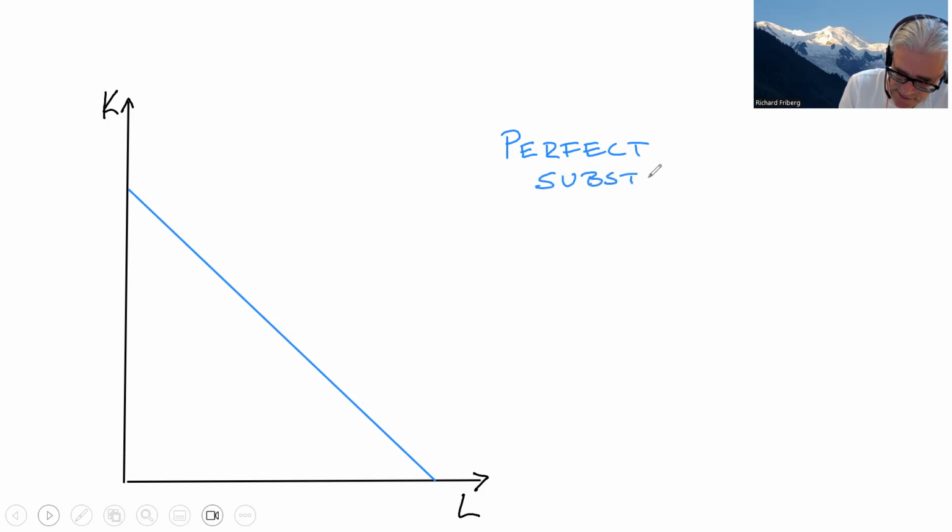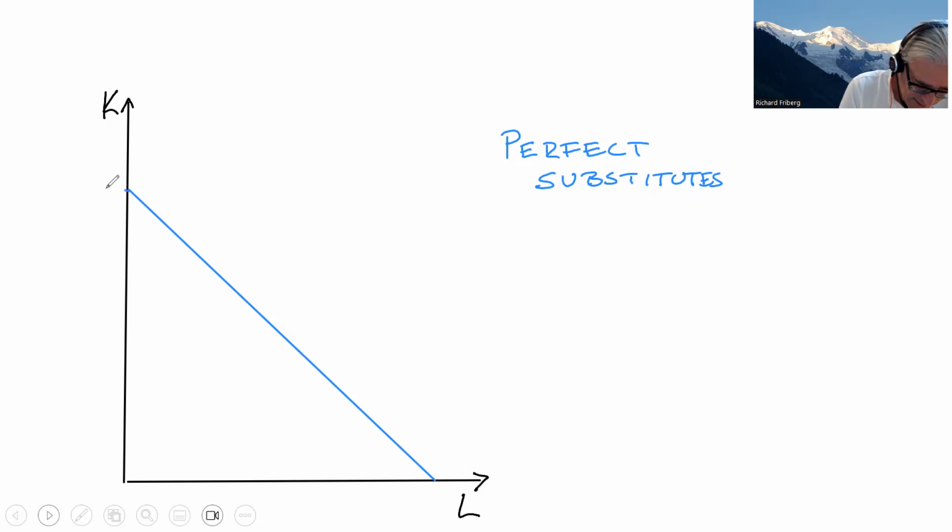We're always willing, or able, to substitute one input for the other, and it doesn't matter how many of each we're using. So think of we're wanting to deliver 10 packets of something. We can do it either with some pre-programmed drone. Pre-programmed drones are capital, or with people running around delivering these packages.